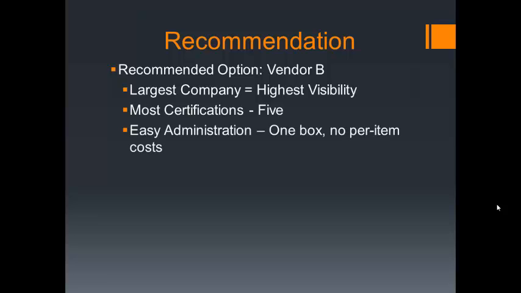And there would be easy administration with vendor B. With vendors A, C, and D, there is a requirement to measure at least per item or sort the items or do other administrative tasks to prepare them to be counted. With vendor B, it's very easy. There's one box, there's no per item costs. Put everything you can into the box, and that's it.